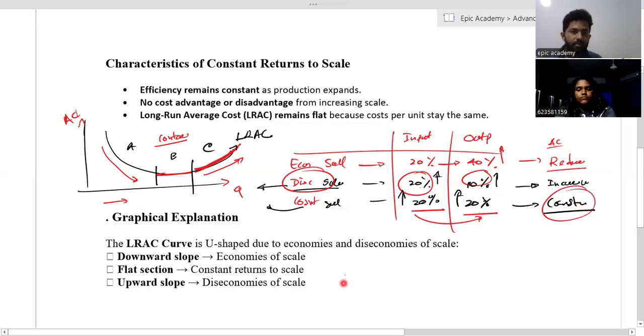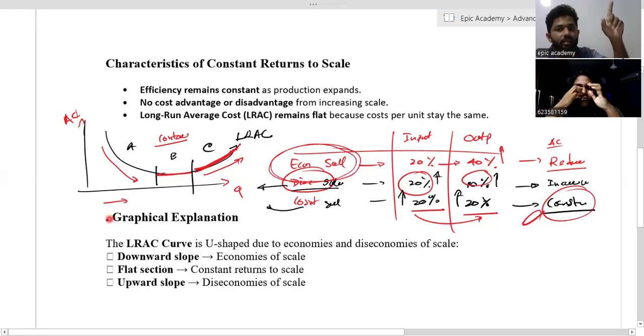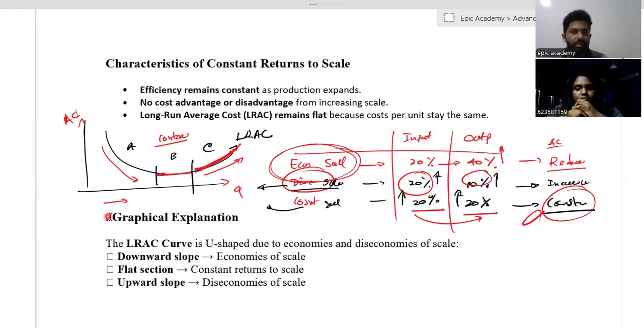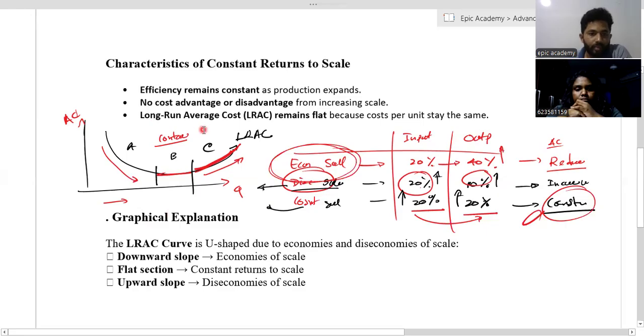It is not favorable for the organization. An organization always tries to keep the production process in increasing returns, economies of scale. That is why we have to use management. It is very easy to identify these things.